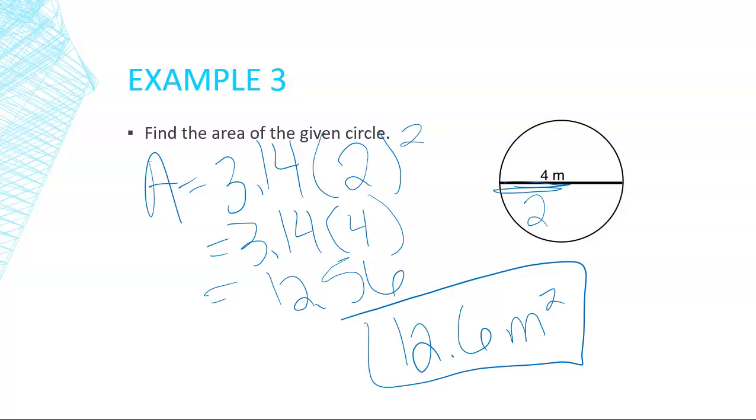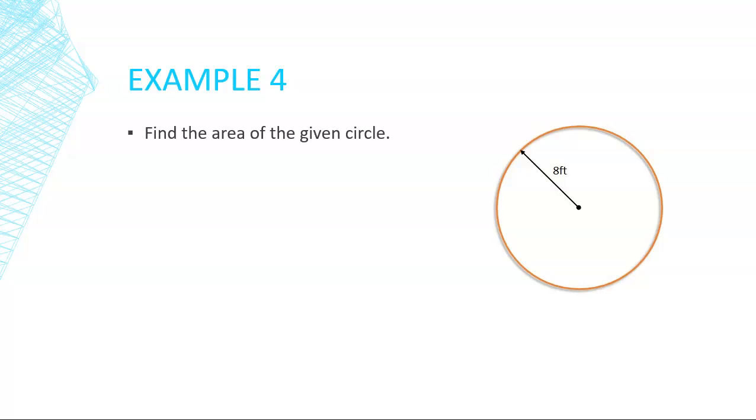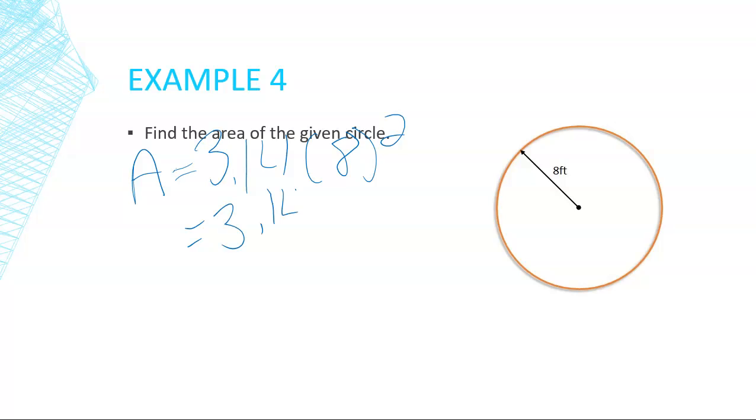Okay. Then I have one last one. It wants me to find the area of the given circle. This one gives me the radius. So I have area equals 3.14 times 8 squared. 8 squared is 64.